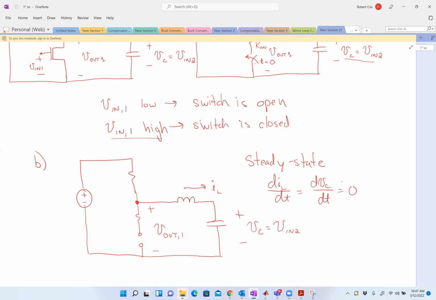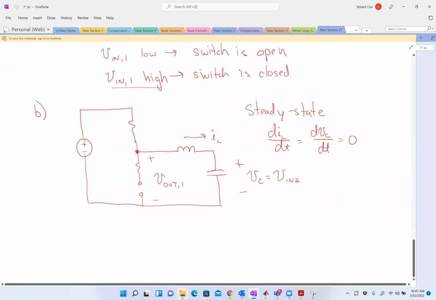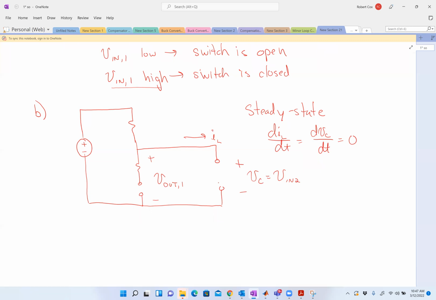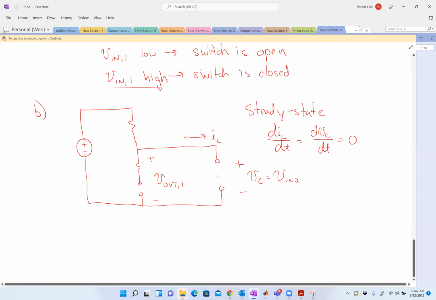So I can replace the capacitor with an open and the inductor with a short. It's fairly easy to solve for V sub C and I sub L. I sub L clearly has to be 0 because it is the current through an open circuit.